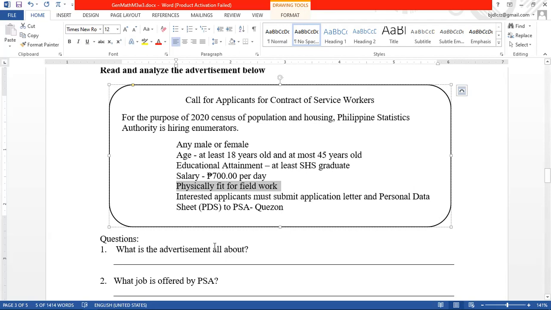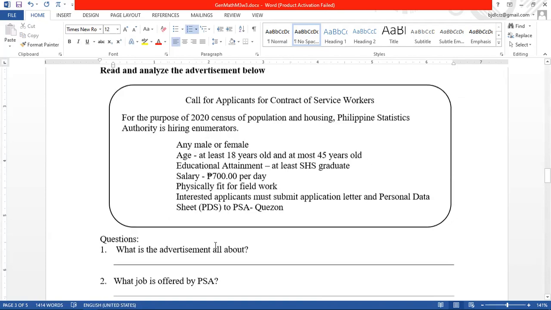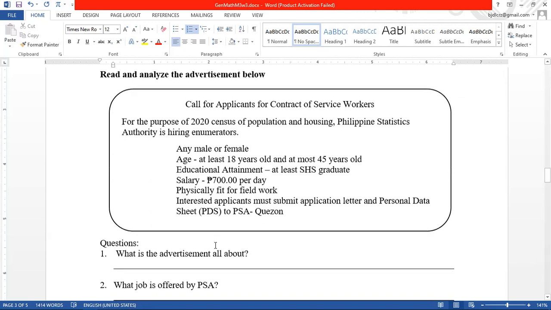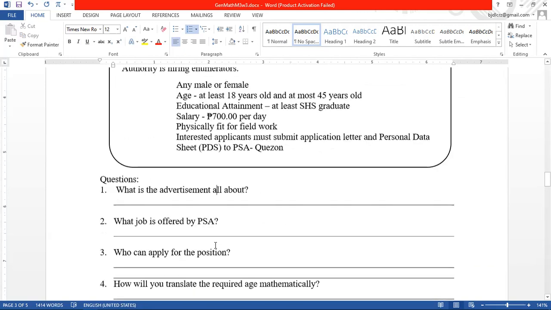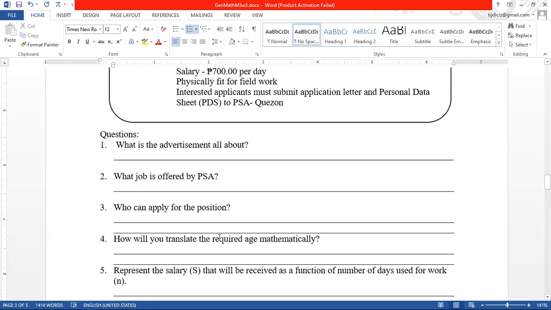Okay, so for your questions: what is the advertisement all about? What job is being offered by the PSA? Who can apply for the position? How will you translate the required age mathematically?